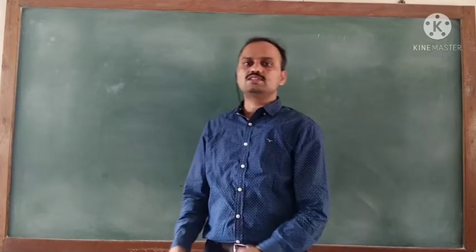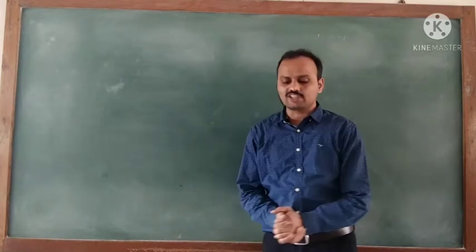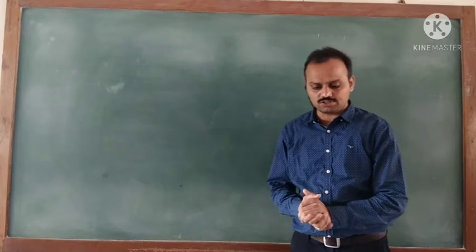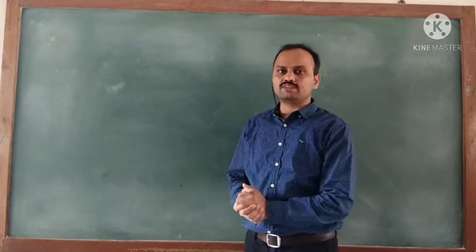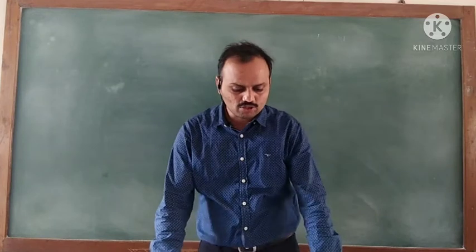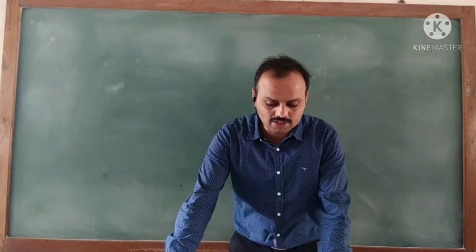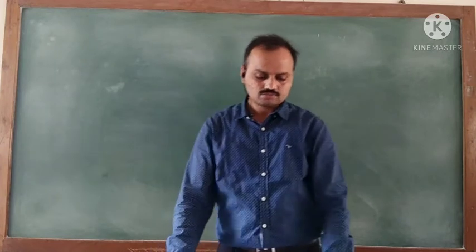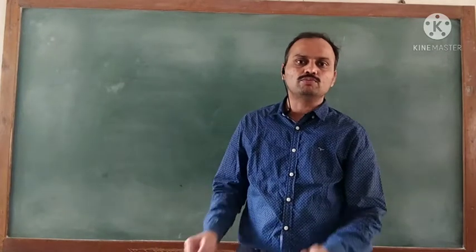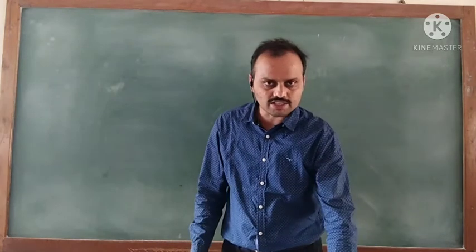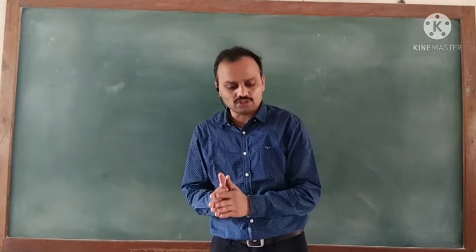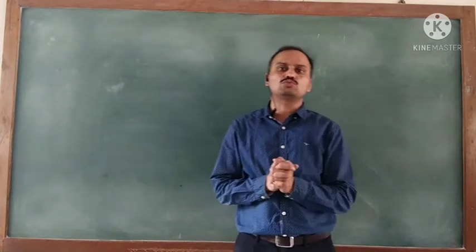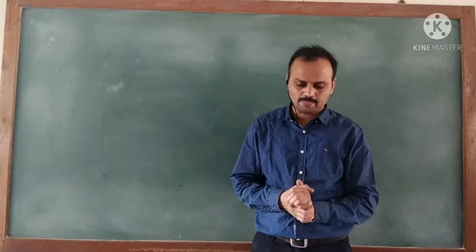Aim of this activity is measurement of EMF of commercial cells by using voltmeter. So, in today's experiment, we will be using some commercial cells and their voltage or their EMF we are going to measure with the help of voltmeter.